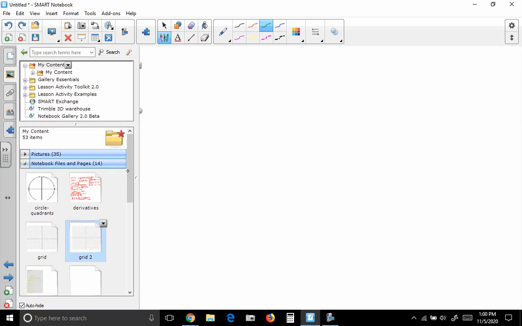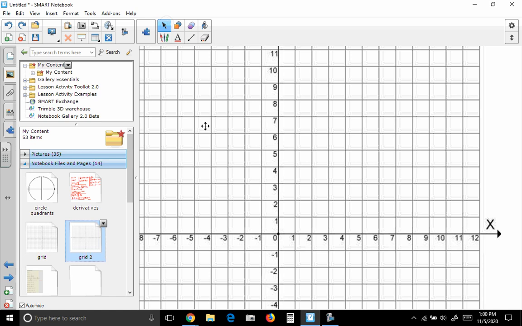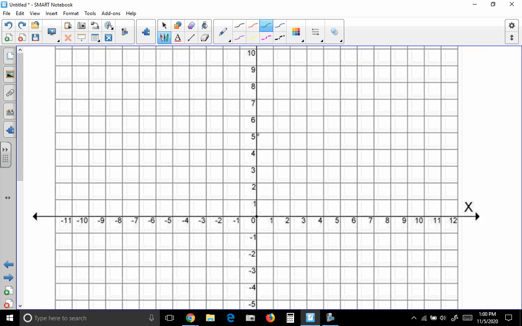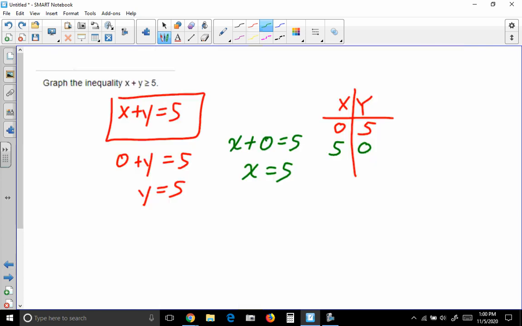So let's put in a grid and let's plot those. We have a y-intercept of 5, an x-intercept of 5, and we need to draw a line through there. Now before we draw our line, we have two choices. We have either a solid line or a dotted line.